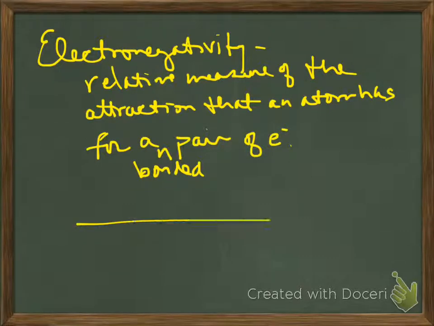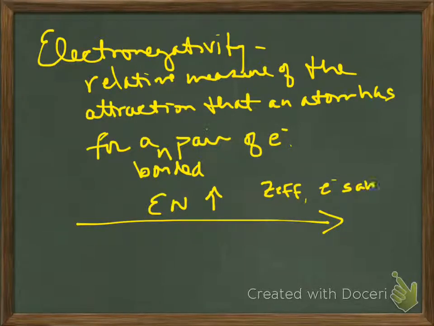As we go across a period, the electronegativity increases, and this is due to the increased Z effective. The electrons are being added to the same energy level, so they effectively only see that increased nuclear charge. They get pulled in. A smaller atomic radius has more of an ability to attract other electrons, or electrons in a bond between itself and another atom.